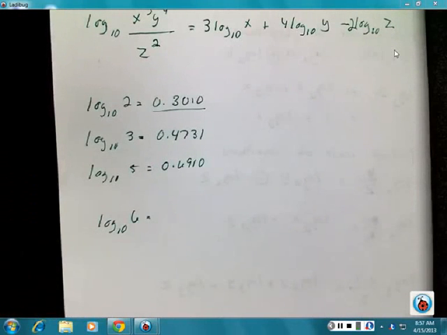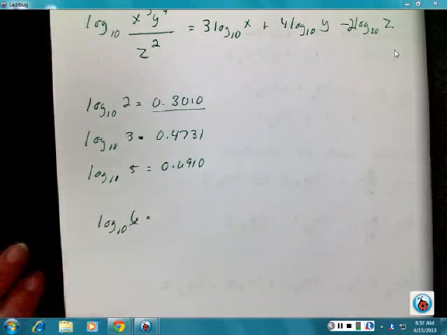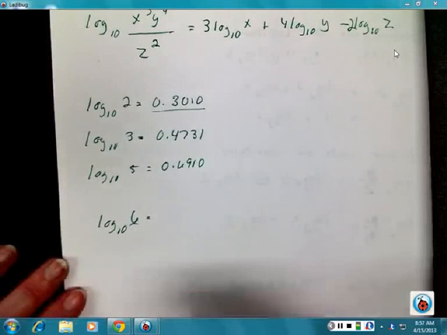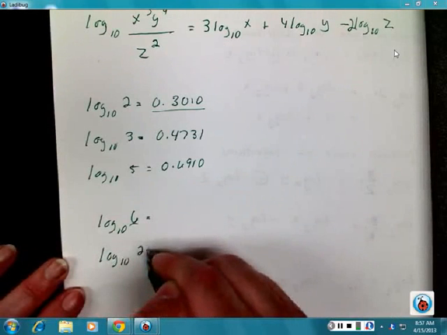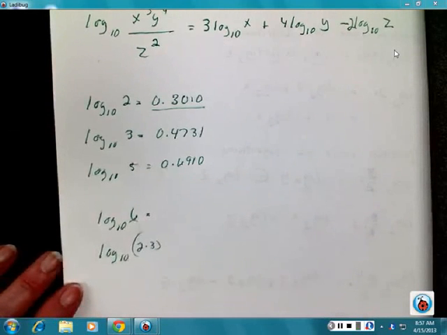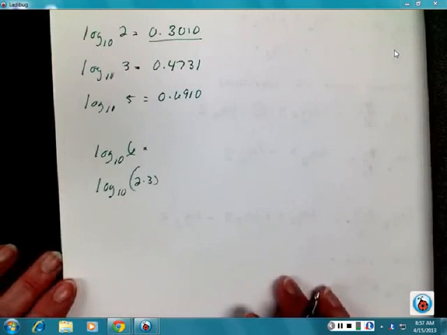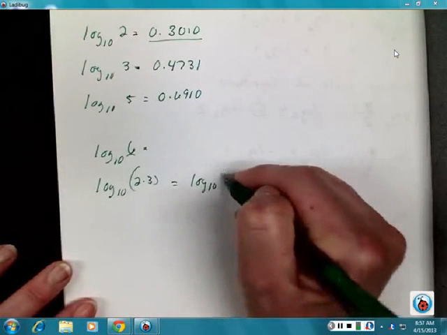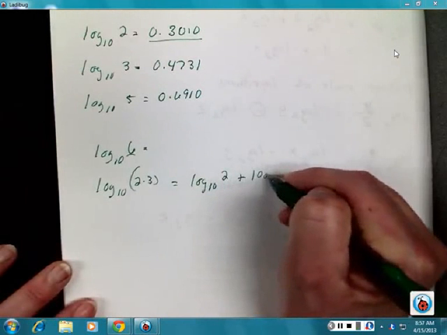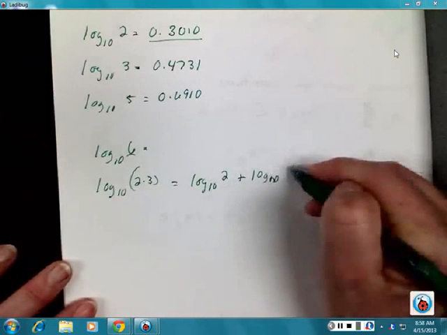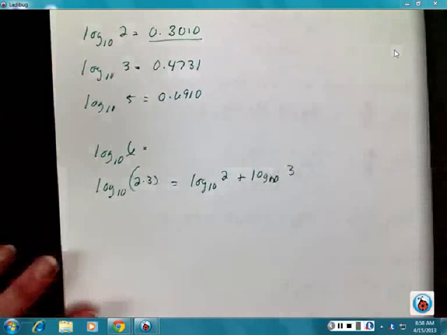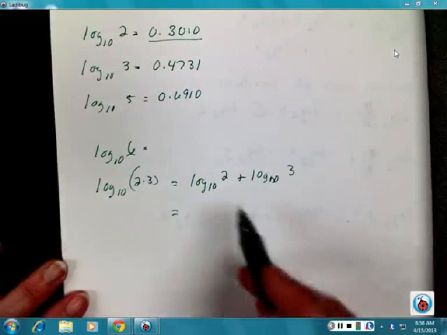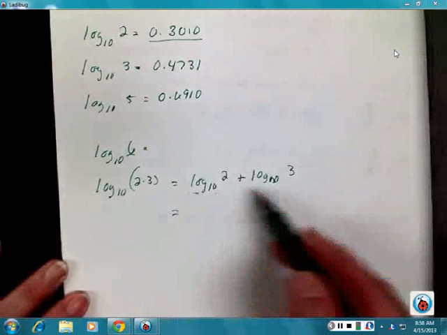And if they give you log 10(6), well, 6 is 6, but I could break 6 apart into log 10 of 2 times 3. You see how we break 6 apart? That would give me log 10(2) plus log 10(3). And then they substituted in the value of each.